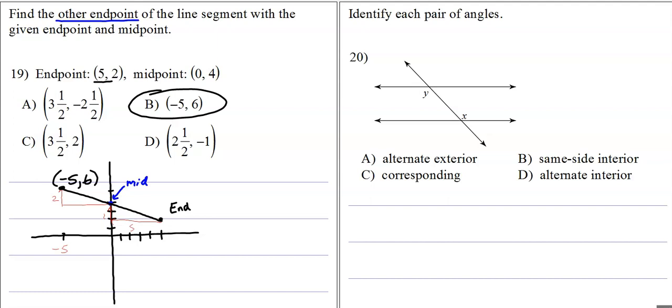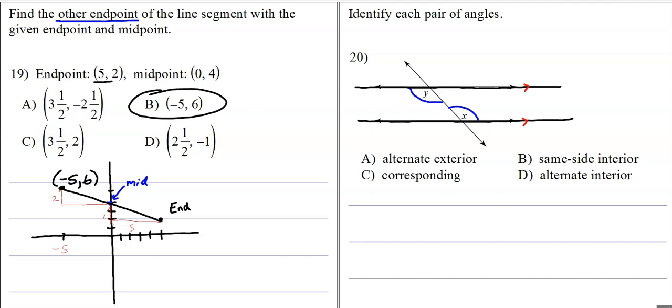All right, number 20, identify the pair of angles. Looking at these angles here, I have a big one right here, and I have another one right here. So those are called alternate interior. Remember, whenever you have a set of lines like this, and they didn't label these as parallel, it really doesn't matter naming-wise, but let's just say they were.